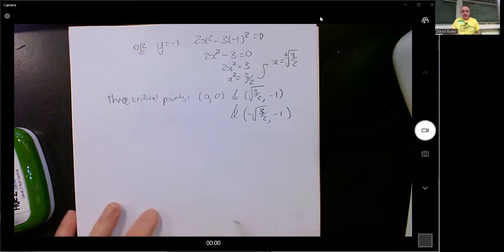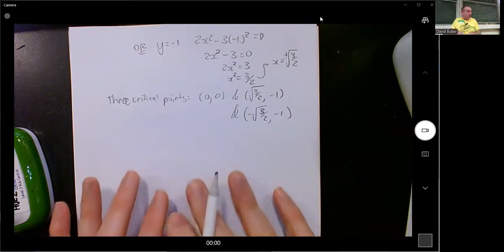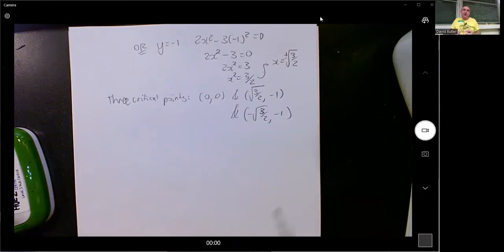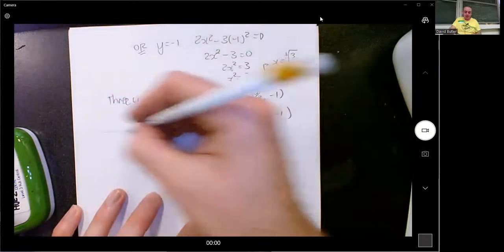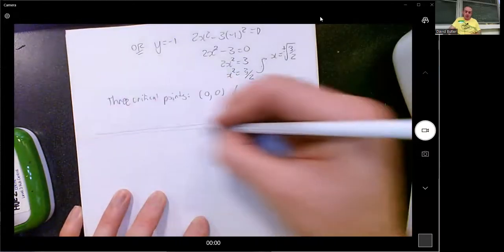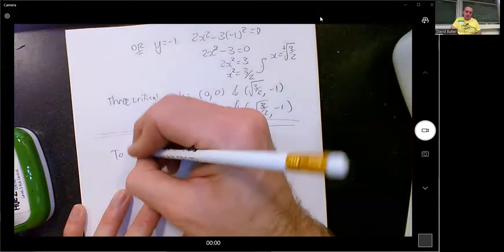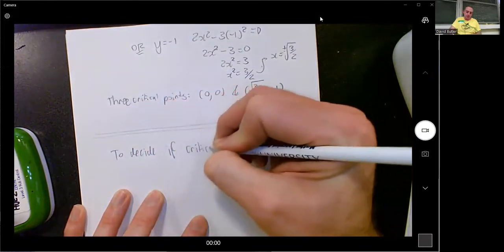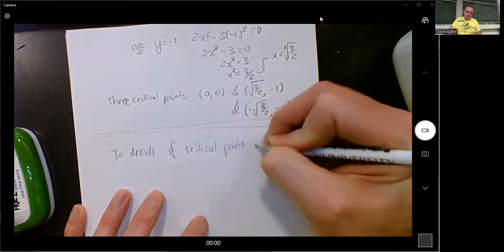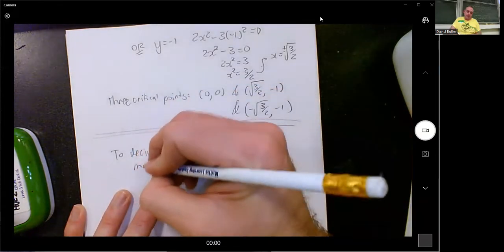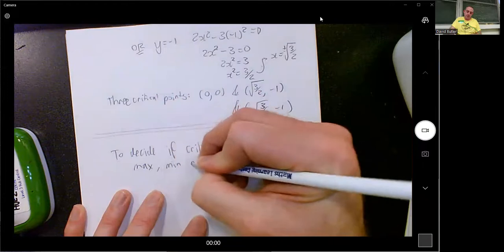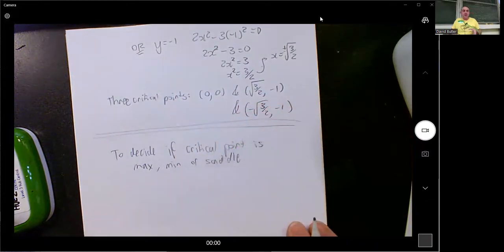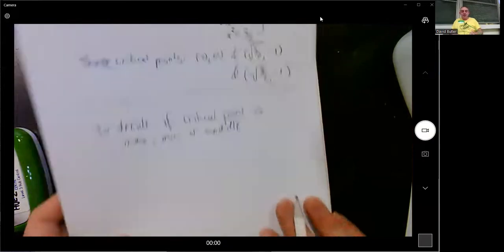All right. So the next stage is, well, how do you decide which one is which? To do that, you need to do an extra calculation. To decide if it's max, min, or saddle, we have to do this.